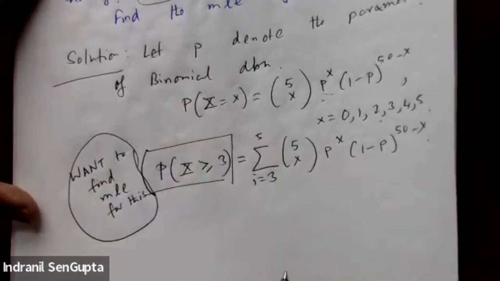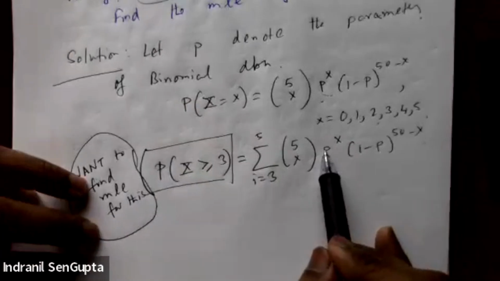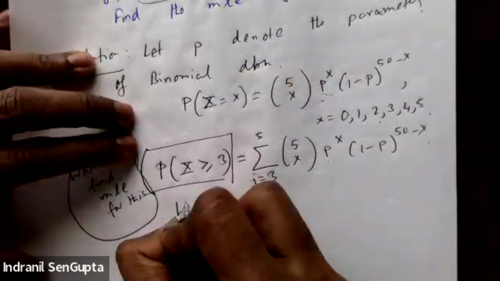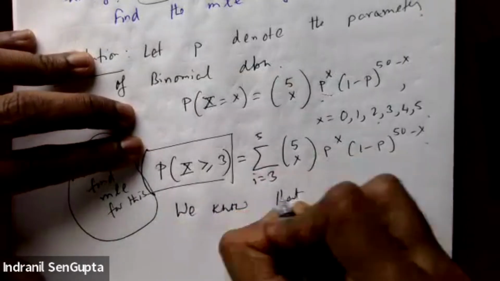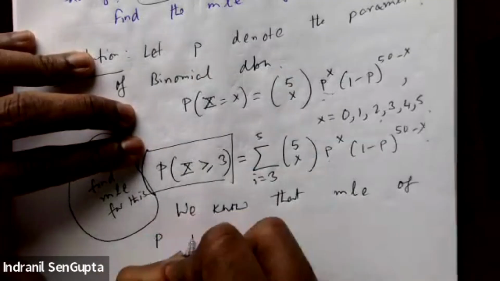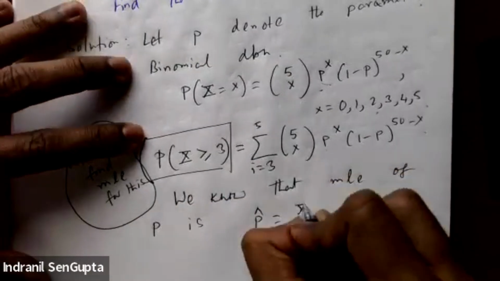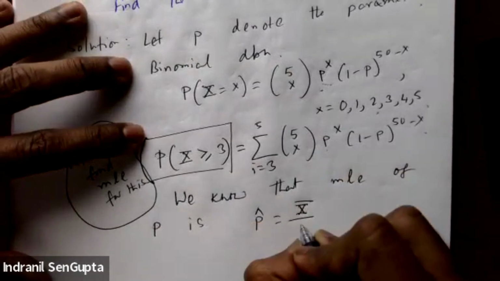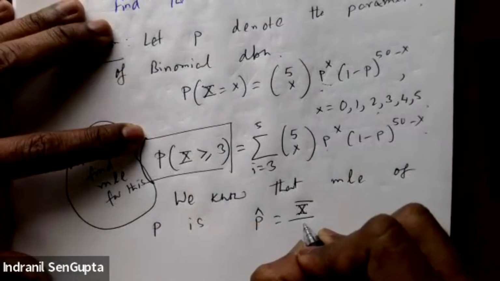Now we'll do it in a different way. First, we already know the maximum likelihood estimator of p. The MLE of p is p hat, where p hat is x bar over n, right?